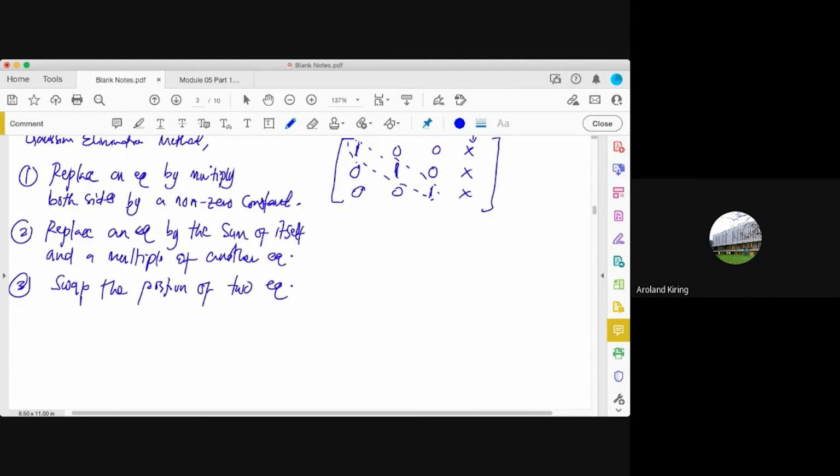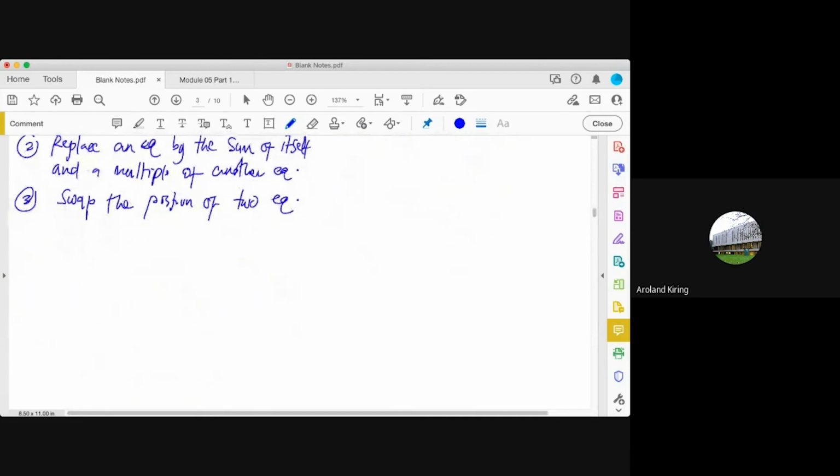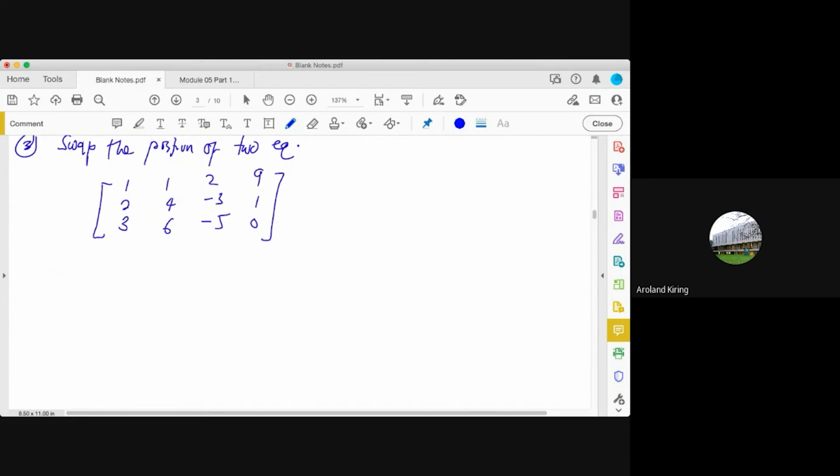So we come back to the equations we got just now, where we got 1, 2, 3, 1, 4, 6, 2, negative 3, and negative 5, 9, 1, 0. Let's first define how many rows we have.